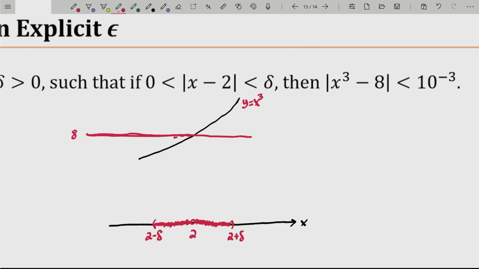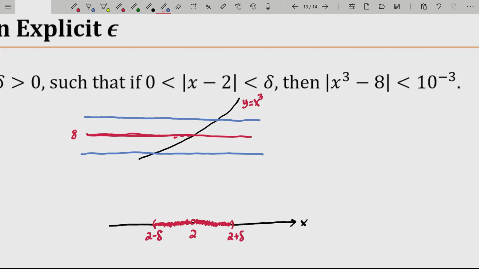In other words, we have an epsilon neighborhood, and I'm over-exaggerating the size of this, I hope you know, but a symmetric neighborhood. That looks somewhat symmetric, doesn't it? Of size 10 to the negative third, which is 0.001.